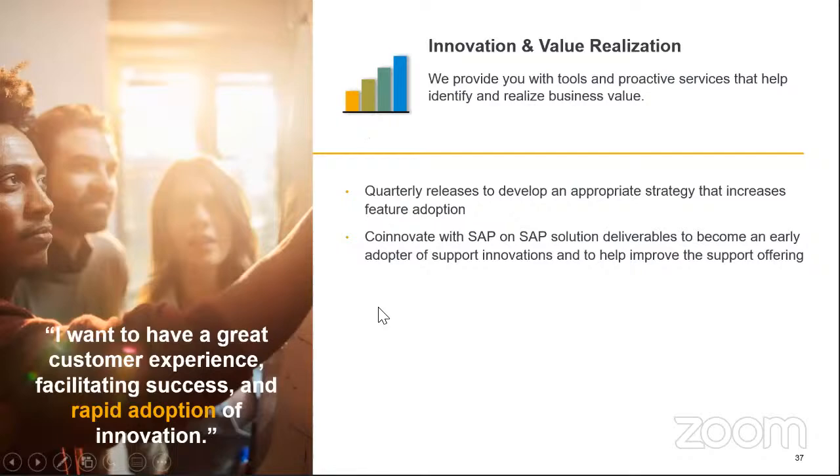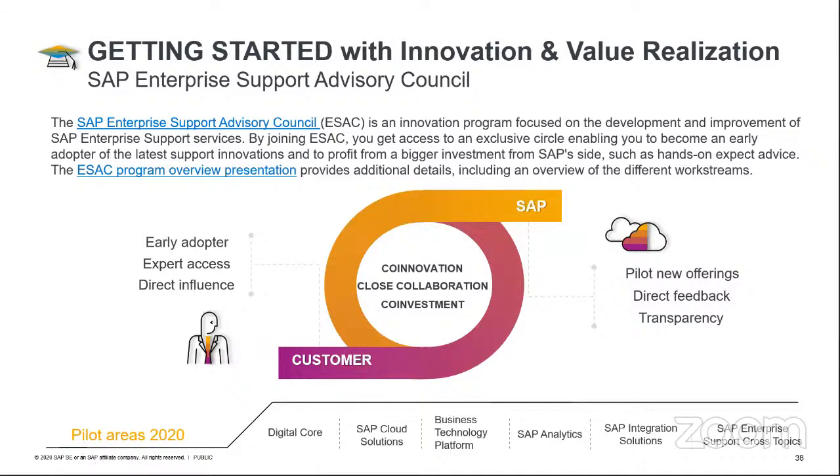The third pillar that we have is innovation and value realization. Under that, we have the Enterprise Support Advisory Council, that is ESAC. SAP Enterprise Support relies on the advisory council to drive innovation and early adoption of SAP Cloud Platform services and intelligent technology.